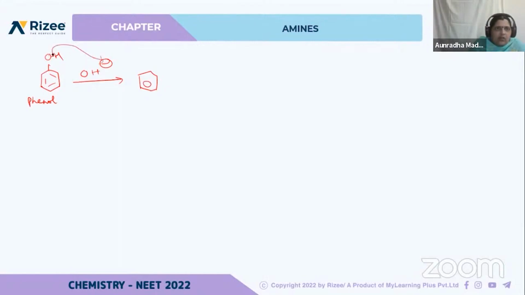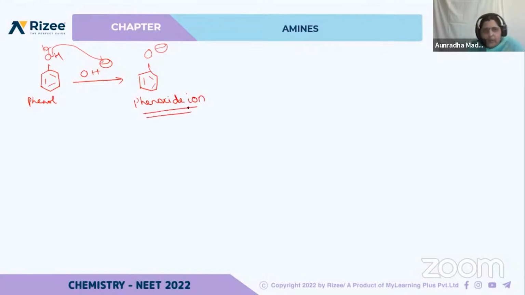This acidic hydrogen goes to OH minus by breaking the bond and giving the electrons to the oxygen, finally forming such an ion. This is the phenoxide ion.